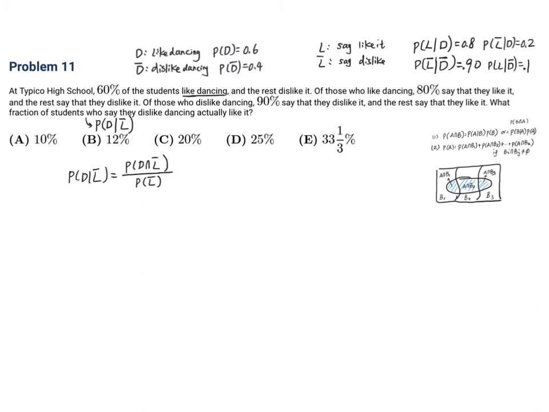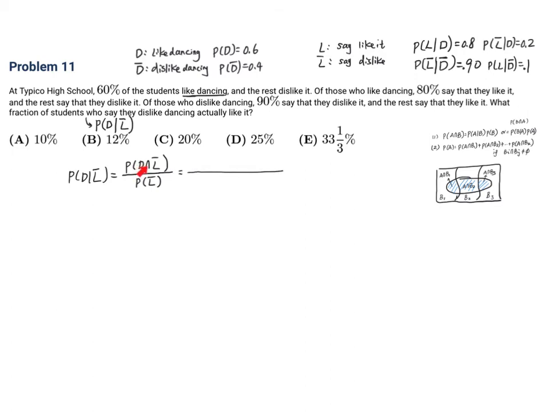This result can be quickly derived from here: the probability of A given B is equal to the probability of A and B divided by the probability of B. So I'm just using that idea: the probability of the intersection of these two divided by the probability of the given condition.